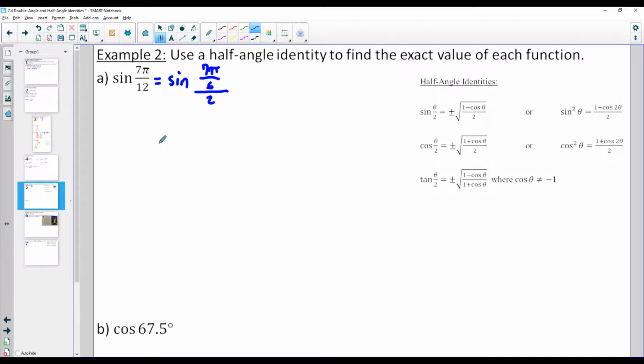And so we can use this equation right here and recopy that down, except with 7 pi 6 where theta goes. So that's going to be plus or minus the square root of 1 minus cosine of theta, which is 7 pi over 6, all divided by 2.